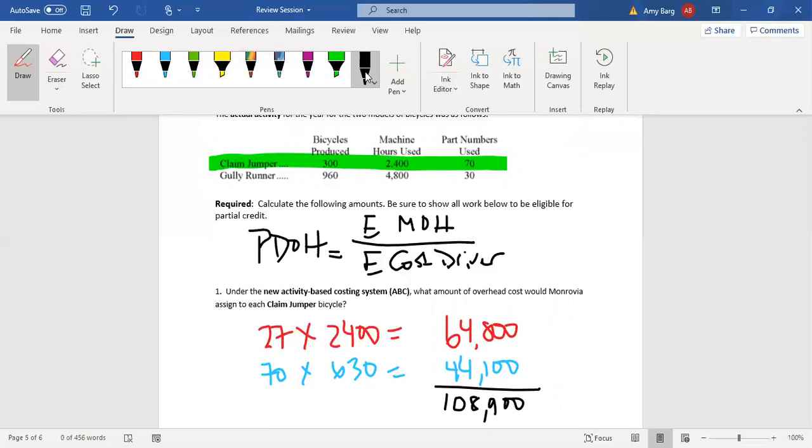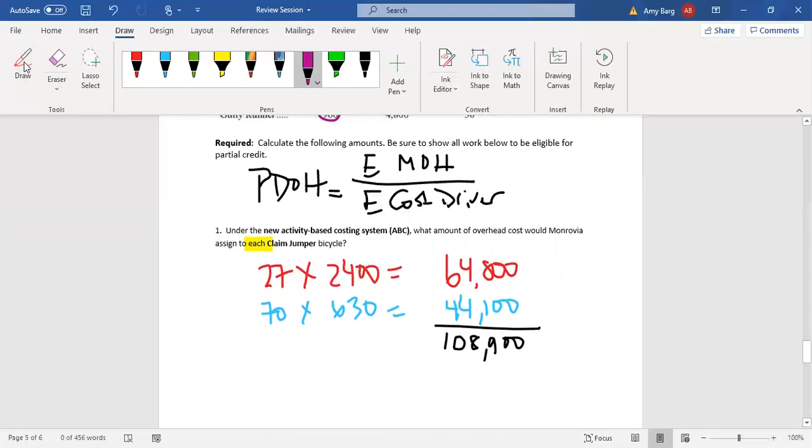But it wants to know for each bike. So we need to remember to divide by the number of bikes. And it tells us that there were 300 bikes, I'm sorry. So that's going to be $363 per bike.